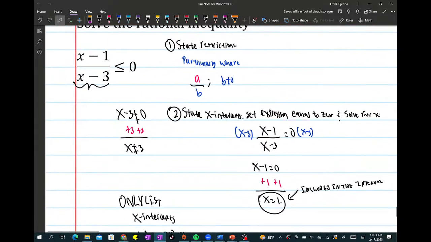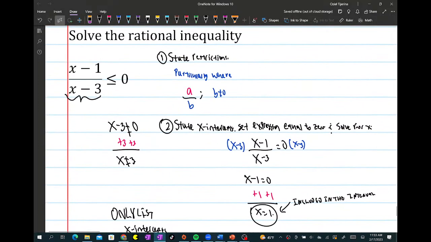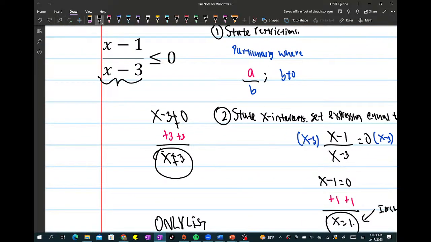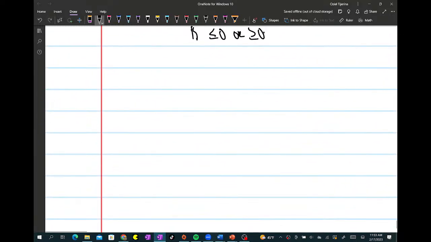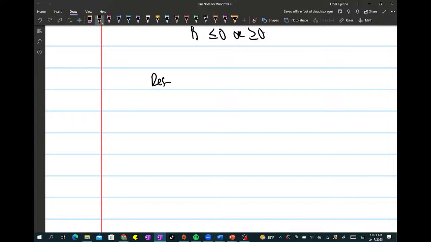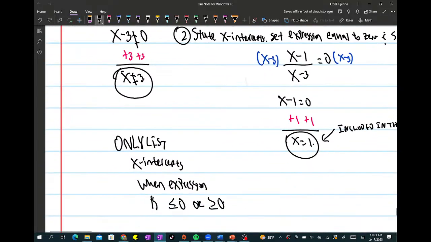So we're going to list our x-intercepts here. And like I said, these are our x-intercepts, and the restriction here is x cannot equal 3. So we know that if we draw a number line, so again, restriction, I'm just going to rewrite restrictions: x cannot be equal to 3, x-intercepts: x is equal to 1, right?